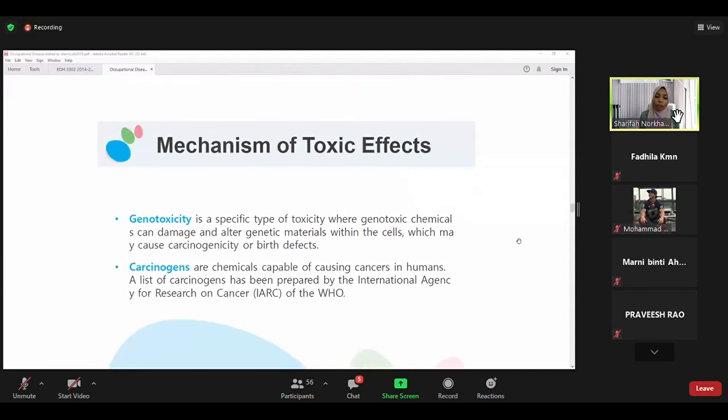So genotoxicity means that chemicals can affect the gene ataupun the DNA of ourselves. So it can alter the genetic material. For example, it happens in fish. If you have read the articles about plastic pollution, they throw plastics in the river ataupun on the oceans, and then the plastic has chemicals, and once the chemicals react with the water, it changes the DNA of the fish.